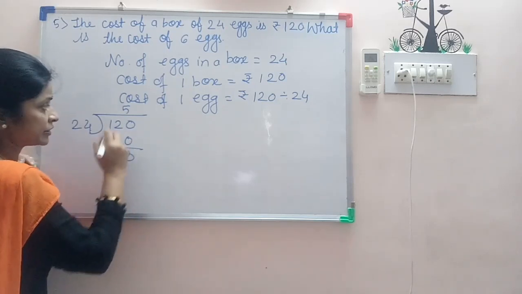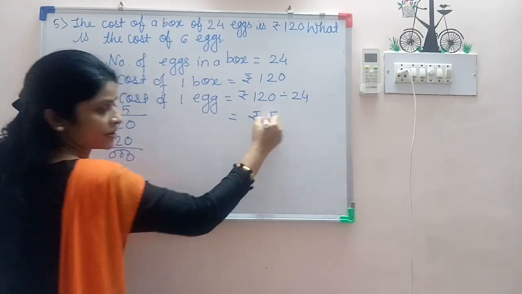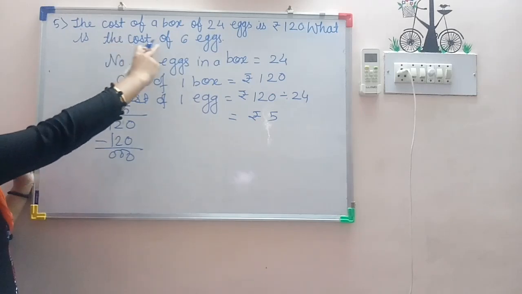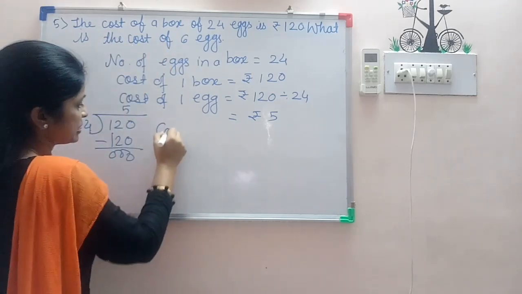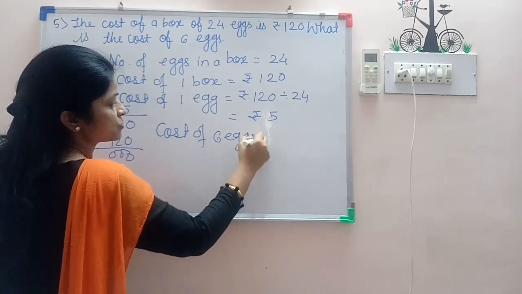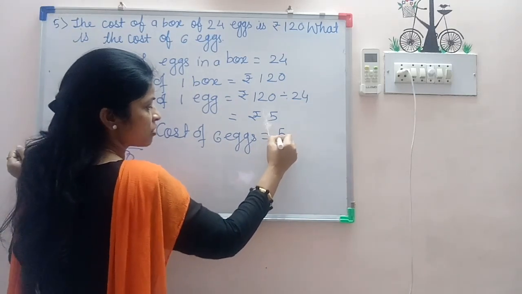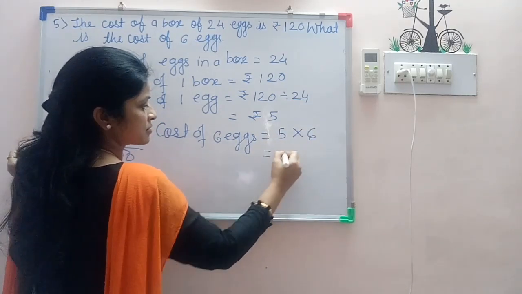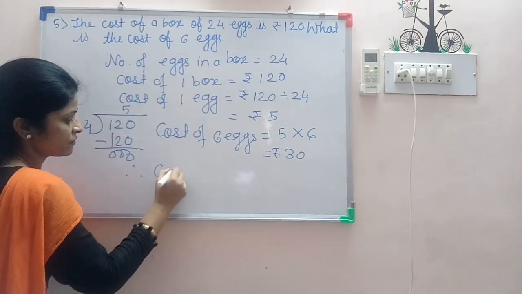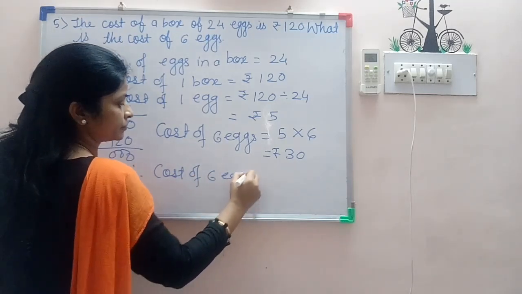So here we got the cost of one egg, that is rupees 5. Now we can find the cost of 6 eggs. Cost of 6 eggs is equal to 1 egg cost multiplied by 6, that is 30. So therefore the cost of 6 eggs is rupees 30.